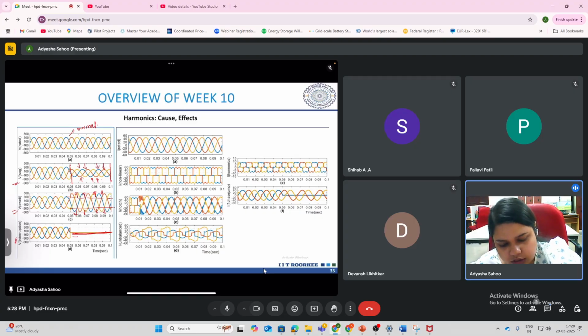And for current, similarly, this is your normal one. The nonlinear loads can introduce harmonics, you can see here. Then the I notch is basically these sparks you get here, the peaking current. That is another irregularity in the current. And lastly, due to the unbalanced nature, you can also get this type of current waveform.